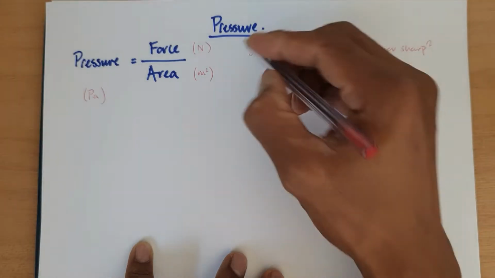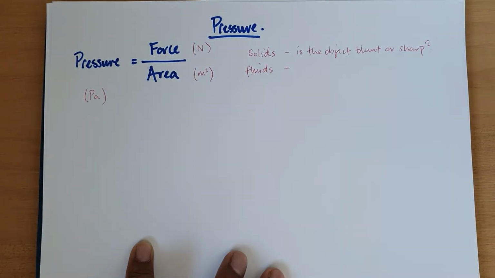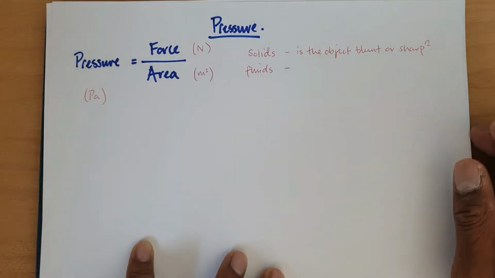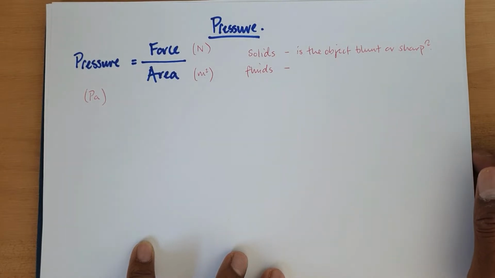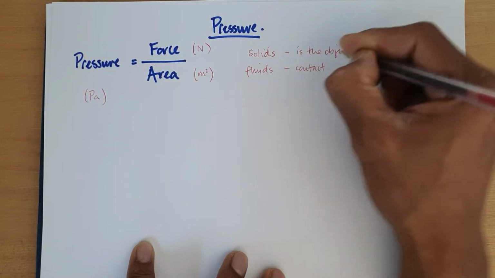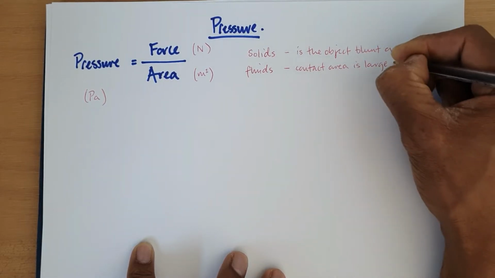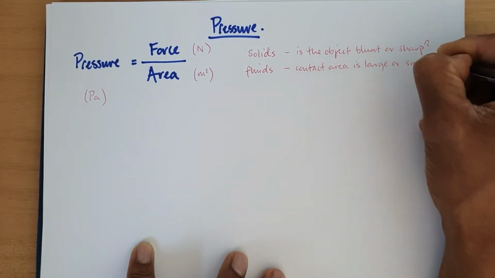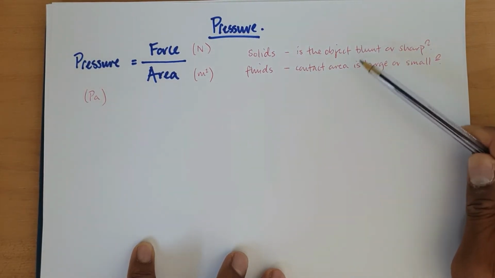Now, when we talk about fluids, the idea is a little bit different. When we talk about fluids exerting pressure on a surface, so fluids exert pressure on solid objects, we think about whether the area of contact is large or small. Now, this is almost the reverse.